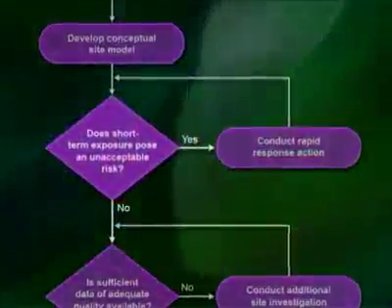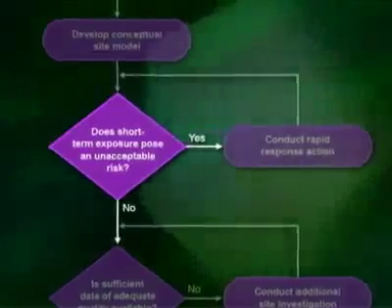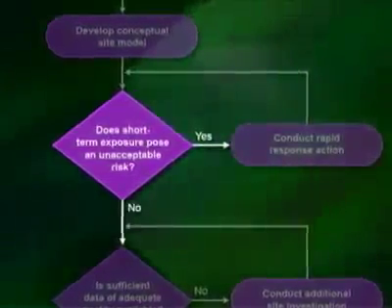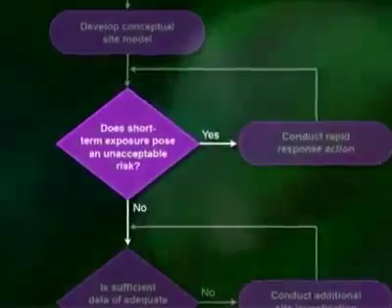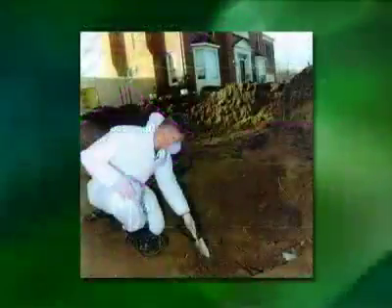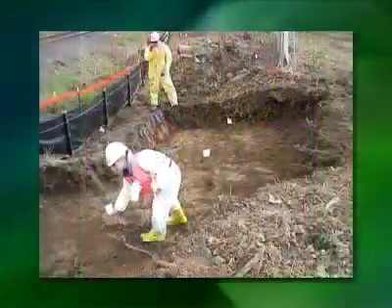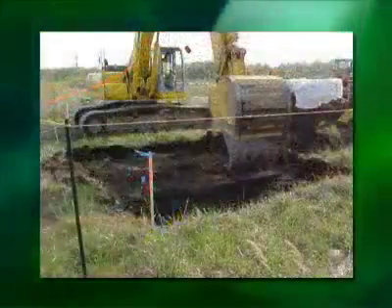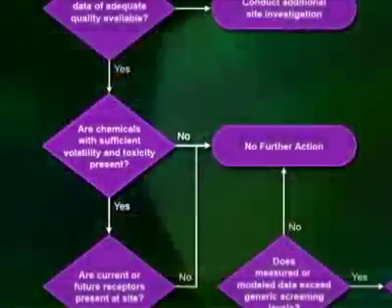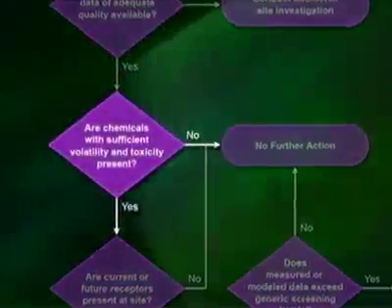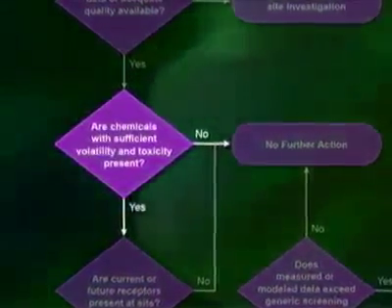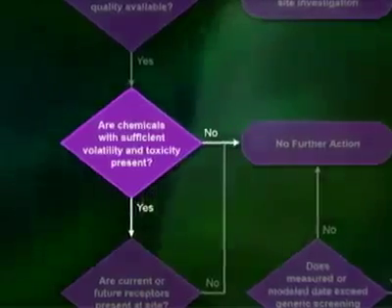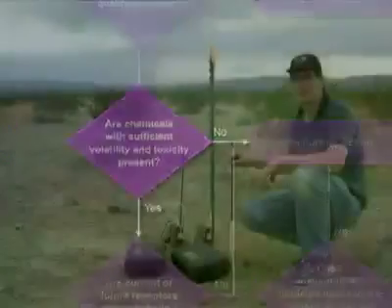Next, a determination should be made whether there is a potential for acute or short-term vapor intrusion problems for people in the building. If an immediate hazard is identified, it may be necessary to vacate the property until appropriate corrective actions are completed. A determination is then made as to whether chemicals are sufficiently volatile and toxic to be included in a vapor intrusion assessment.